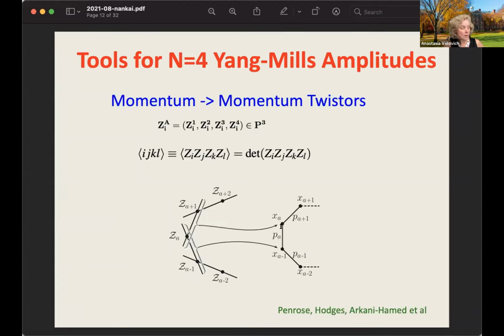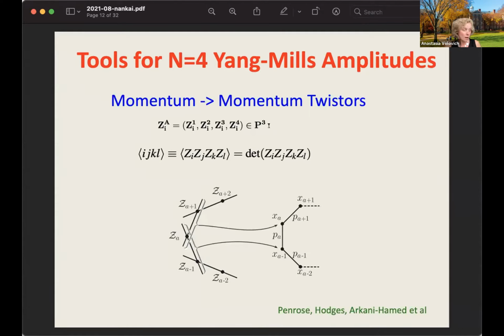So you introduce X, which is Pi minus Pj, something like that. And to each point, you associate a line in P3. So now, forget everything about momentum. The amplitudes are going to be just labeled by Z's. So Zi, and they live in P3. So i labels the number of points and A is a P3 index, okay?